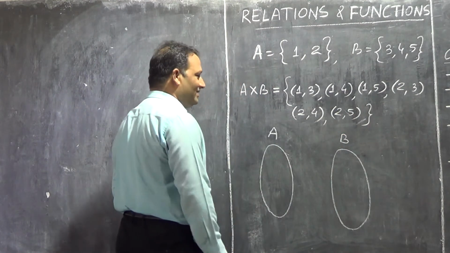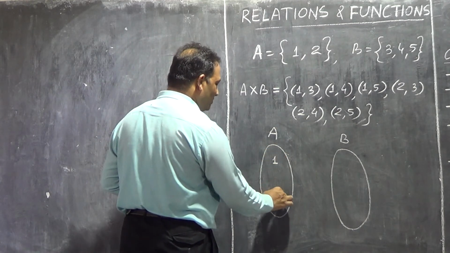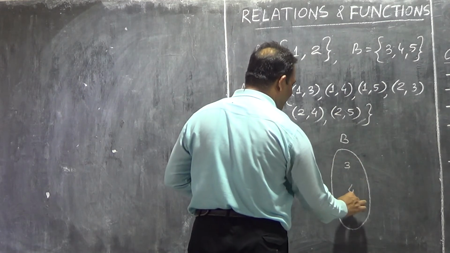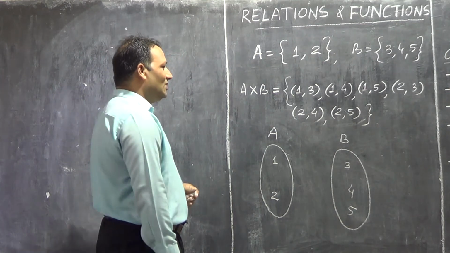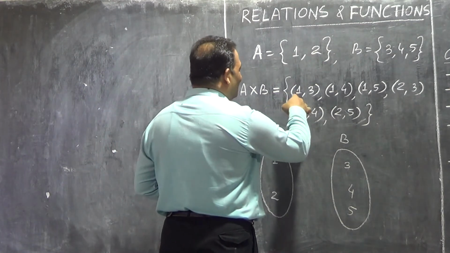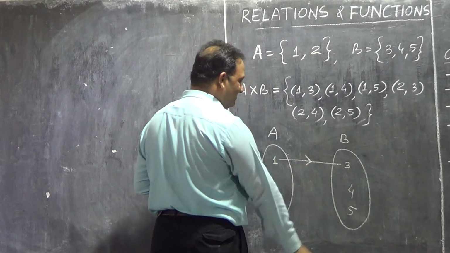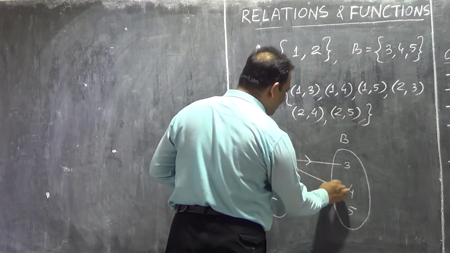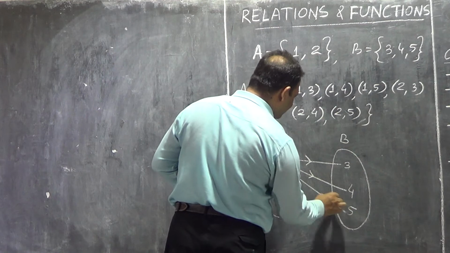A and B are two sets. A has two elements 1 and 2. B has three elements 3, 4 and 5. So now starting with 1 with 3, we have to draw one arrow, from 1 to 3, then 1 to 4, then 1 to 5.